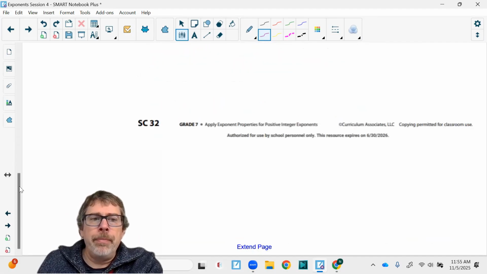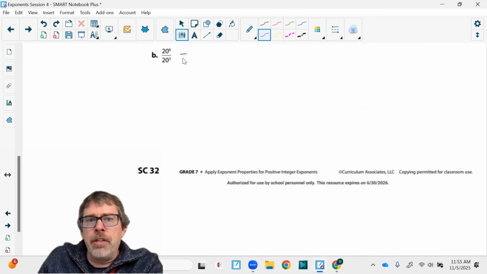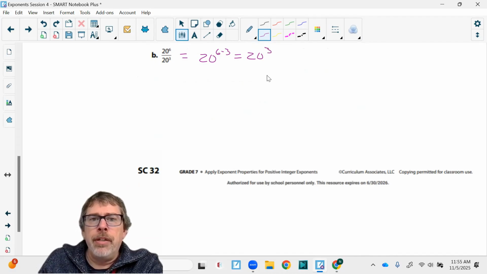Okay, part B. This was the quotient rule. Same base, subtract the exponents. 6 minus 3 is 3. So that's going to be 20 times 20 times 20.